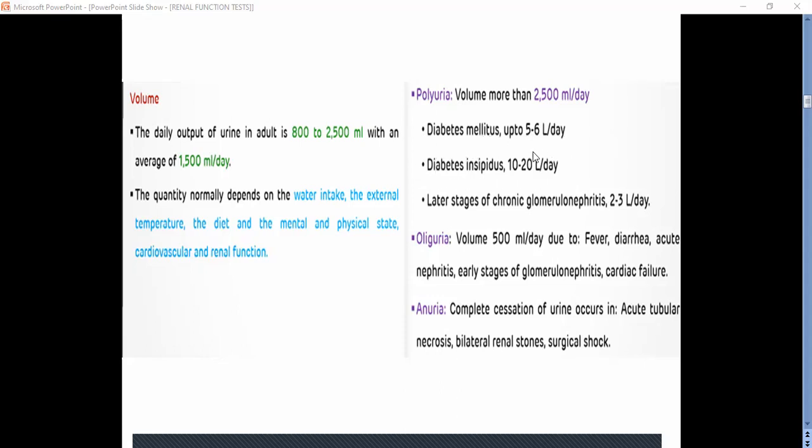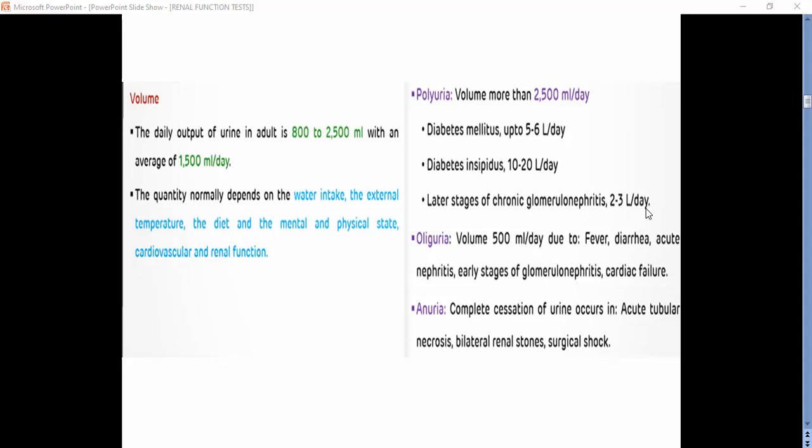And in diabetes insipidus, which is vasopressin deficiency, it may lead to 10 to 20 liters of urine per day. And in later stages of chronic glomerulonephritis, 2 to 3 liters per day, which is very mild, there is a less infectious condition, and 2 to 3 liters of urine is passed.